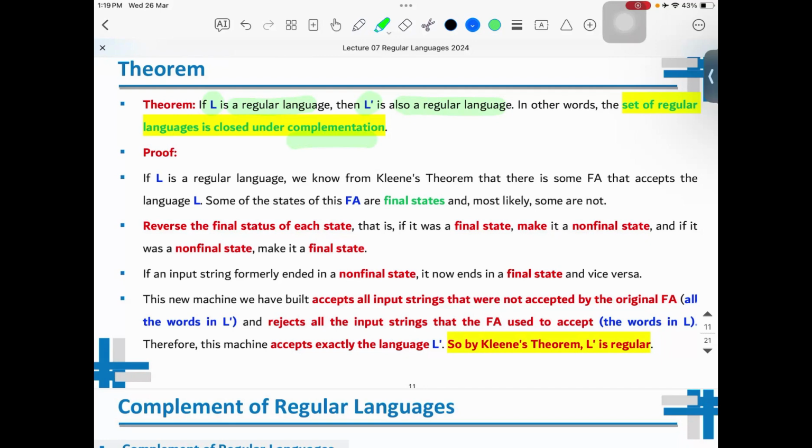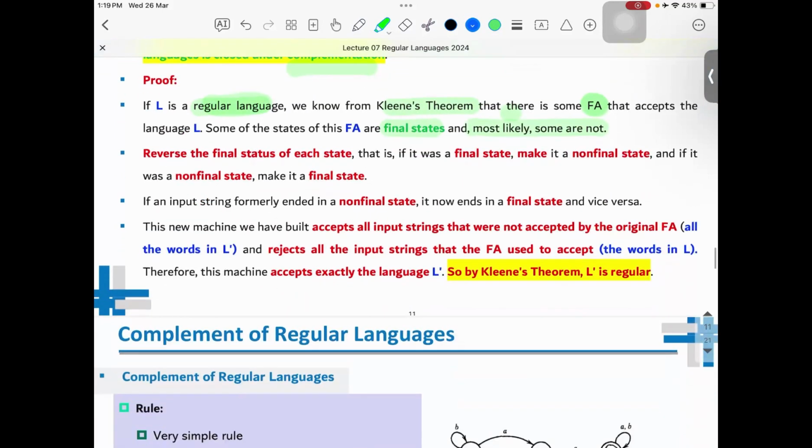Let's discuss. If L is a regular language, we know from the Kleene theorem that there is some finite automata for that language. In that finite automata there will be a final state, and maybe some non-final states.